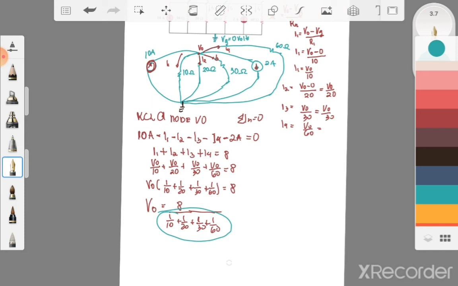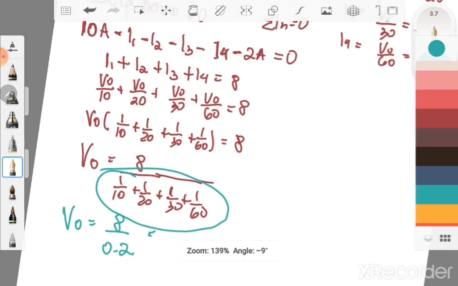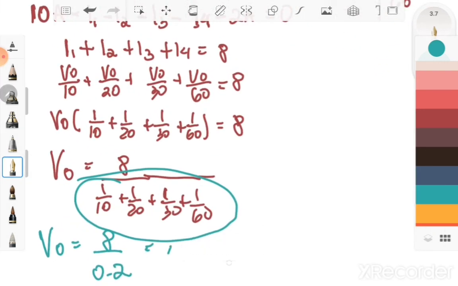So we have 1 over 10 plus 1 over 20 plus 1 over 30 plus 1 over 60 is equal to 0.2. VO equals 8 divided by 0.2, which is equal to 40 volts. That is your VO.